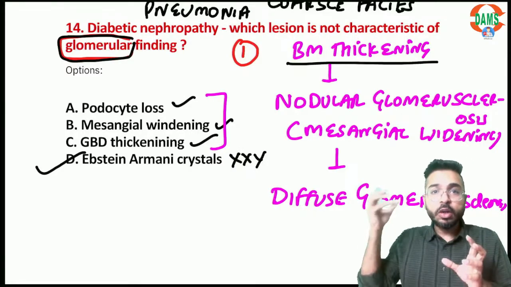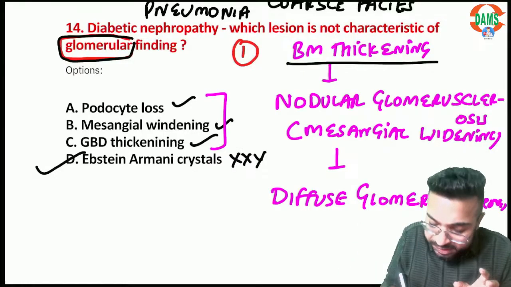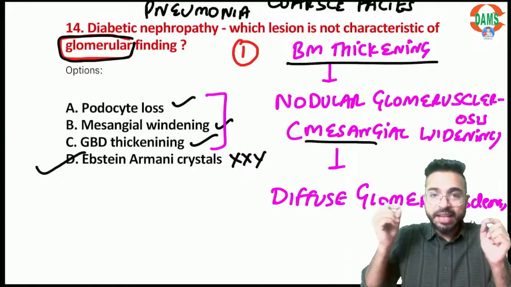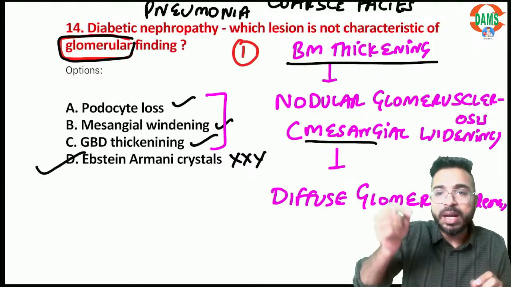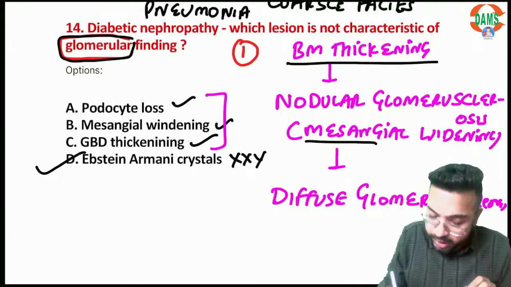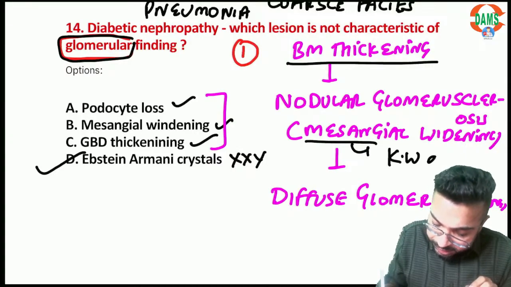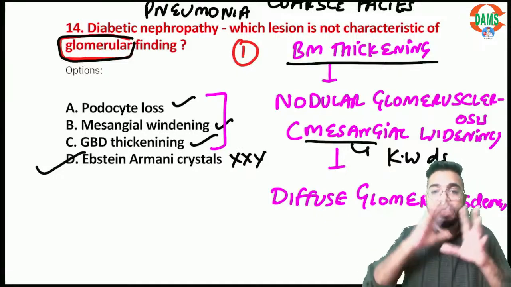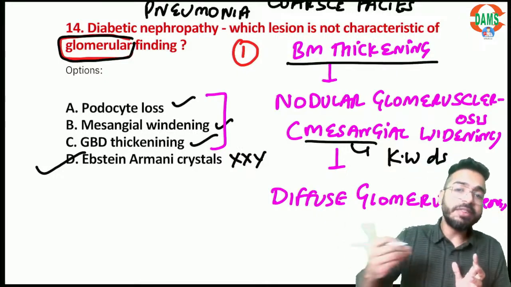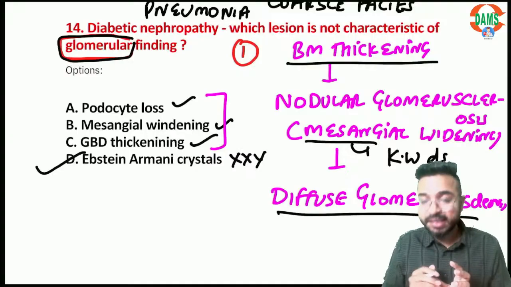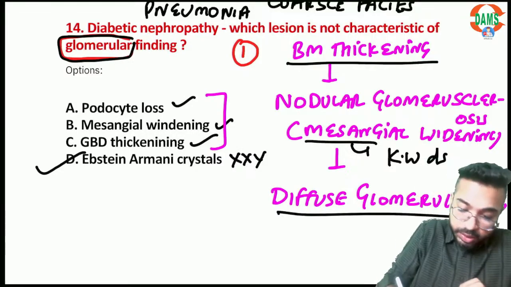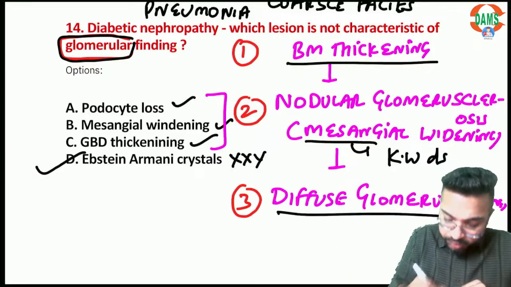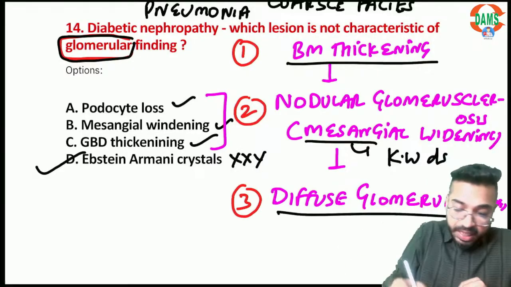Next, if glucose keeps increasing, it deposits in the mesangium, leading to sclerosis, and you get nodular glomerulosclerosis, known as Kimmelstiel-Wilson disease. If the patient still keeps on eating glucose, it finally damages the entire glomerulus, with more than 50% of glomeruli involved. That is called diffuse glomerulosclerosis. So there are 3 histological lesions: basement membrane thickening, nodular glomerulosclerosis, and diffuse glomerulosclerosis.